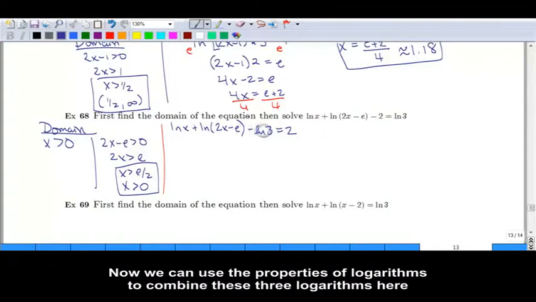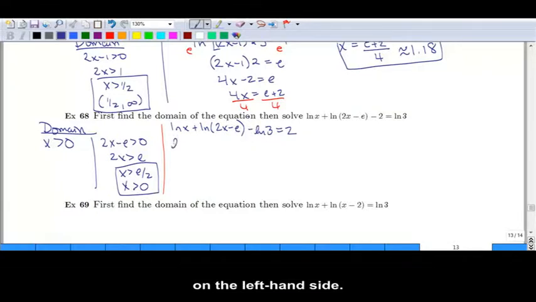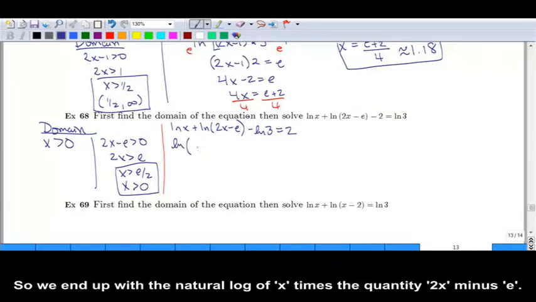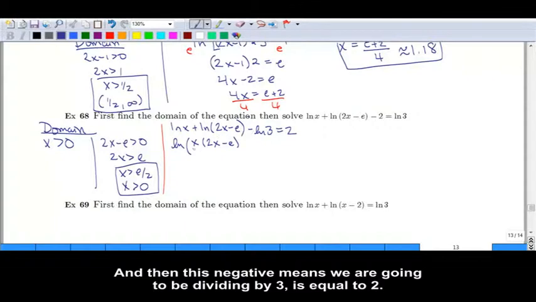Now we can use the properties of logarithms to combine these three logarithms on the left-hand side. So we end up with the natural log of x times the quantity 2x minus e, and then this negative means we're going to be dividing by 3, is equal to 2.